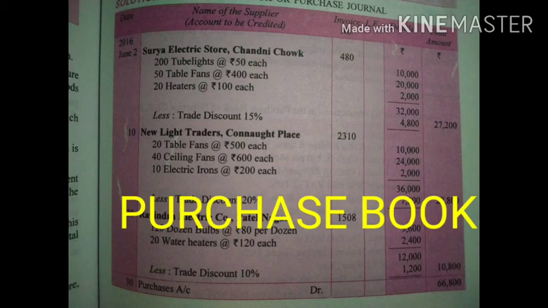After recording all the transactions in the purchase book, the total of the total column is made. Then this total is transferred to the purchase account.